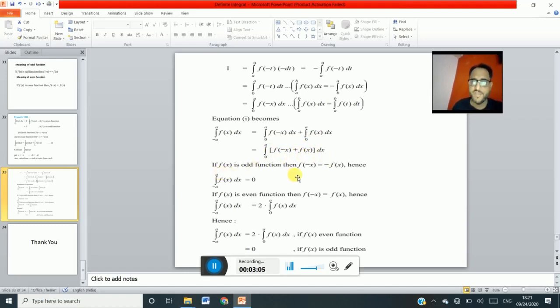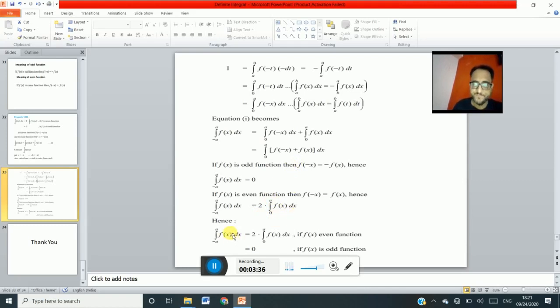Now we know that if the function is odd, f of minus x is minus f of x, hence this is the integral from 0 to a of zero, because minus f of x plus f of x is 0, right? And if the function is even, then f of minus x equals f of x, hence this becomes f of x plus f of x, meaning 2 times f of x, and 2 is a constant, so it is 2 times the integral from 0 to a of f of x dx, right?